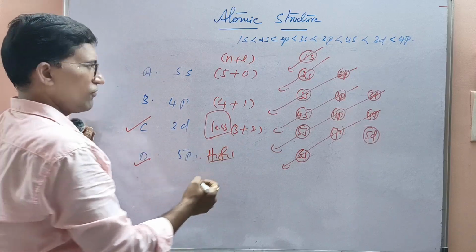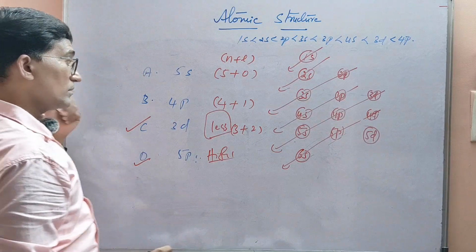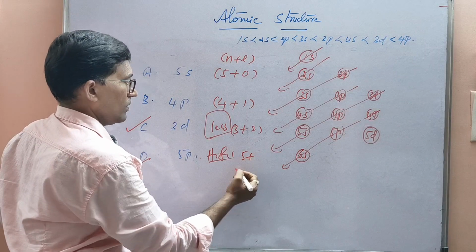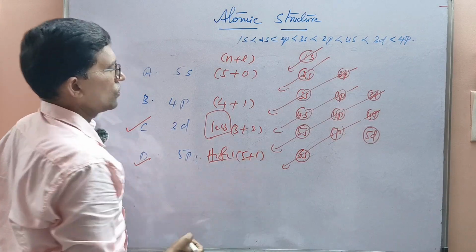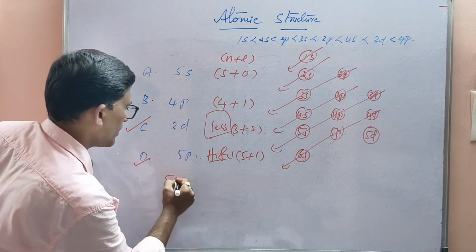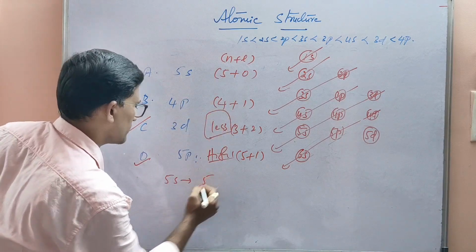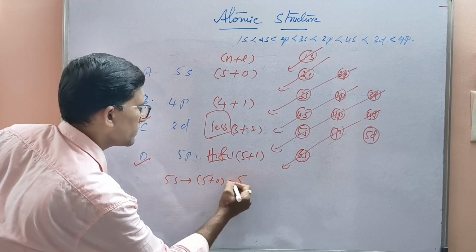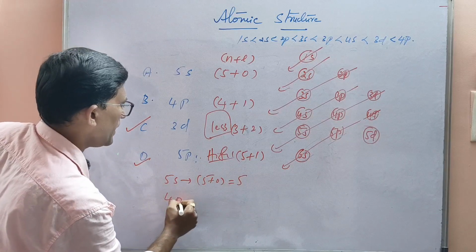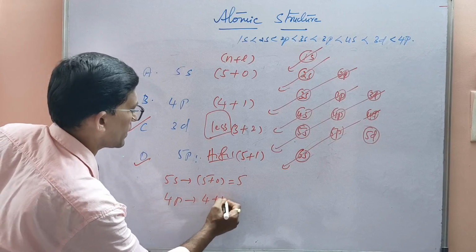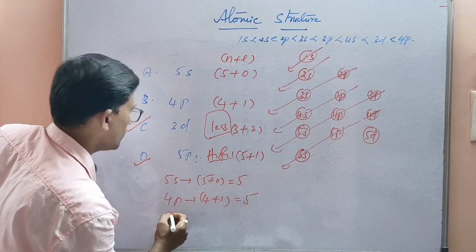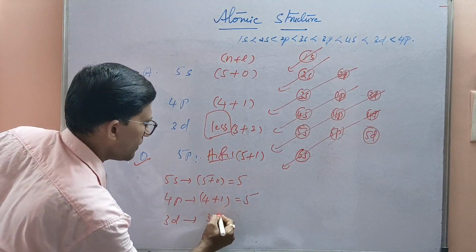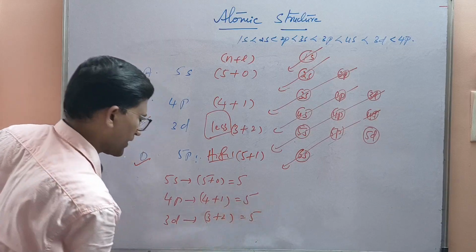And for 5p, n is 5, l is 1. So for 5s, n plus l is 5 plus 0, 5. For 4p, n plus l is 4 plus 1, which is 5. For 3d, n plus l is 3 plus 2, which is 5.